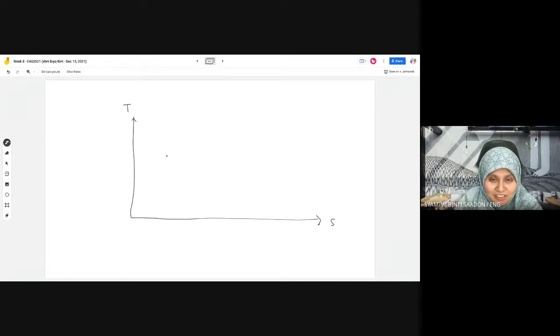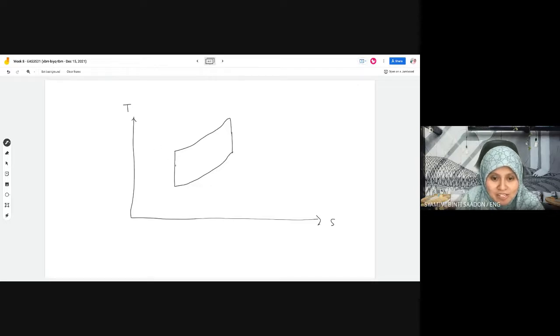So in a TS diagram, if you have a gas turbine cycle, it's actually like this. The four processes in a TS diagram.